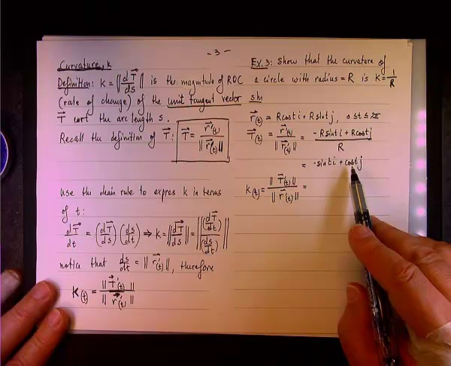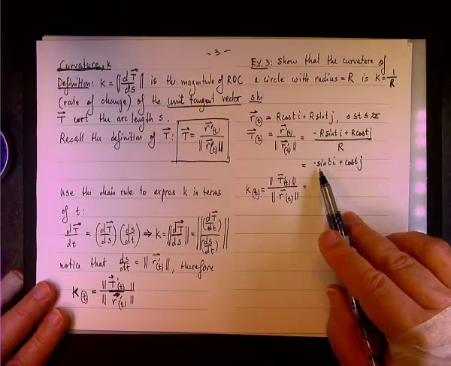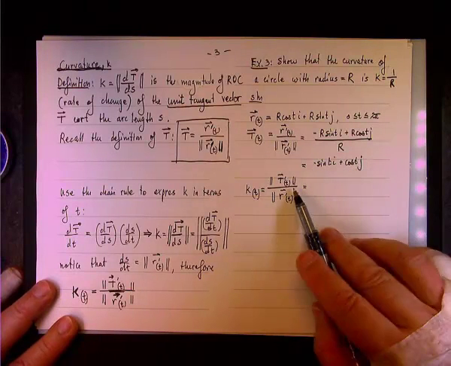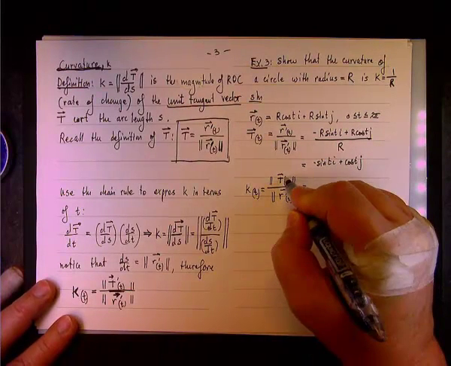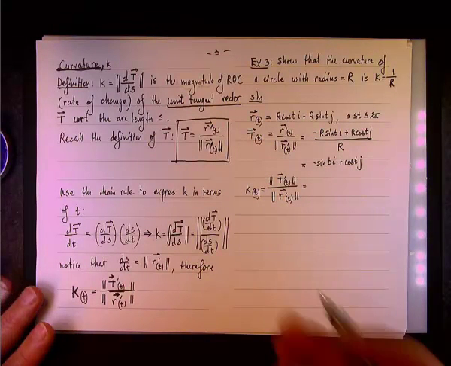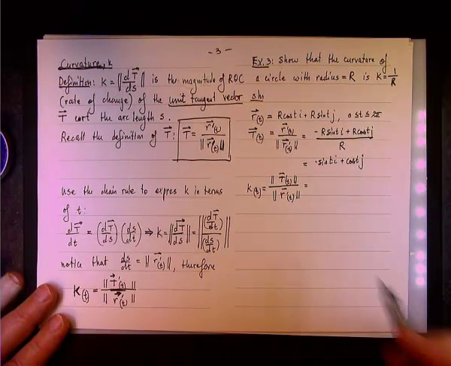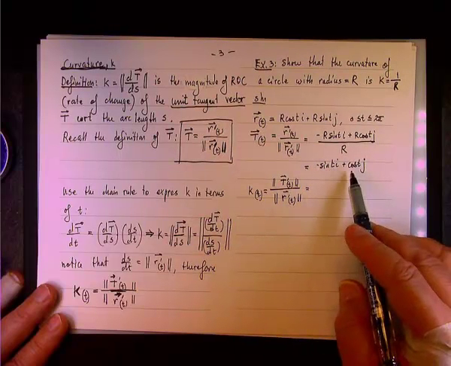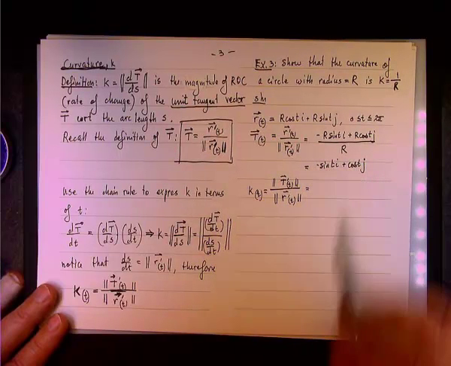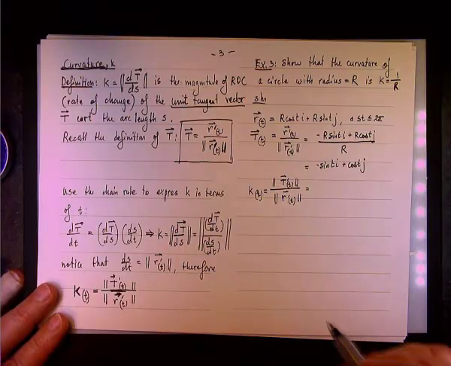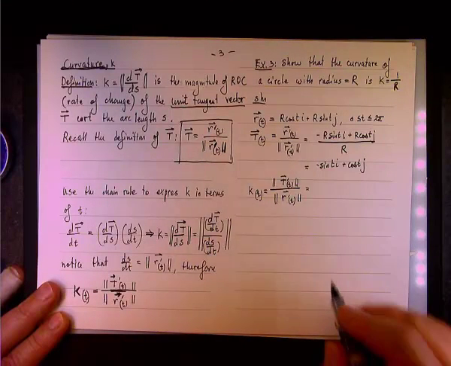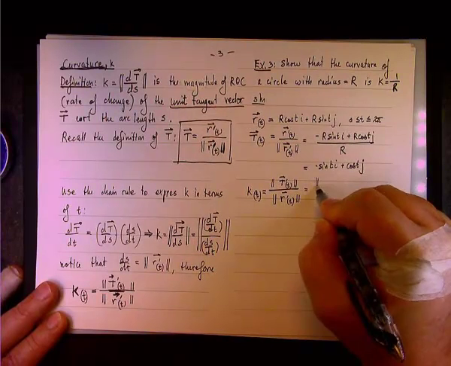So if this is T, the derivative of T is negative cosine t i minus sine t j. If you look at the magnitude of the derivative, it's negative cosine squared plus negative sine squared, which in any event is going to be 1.